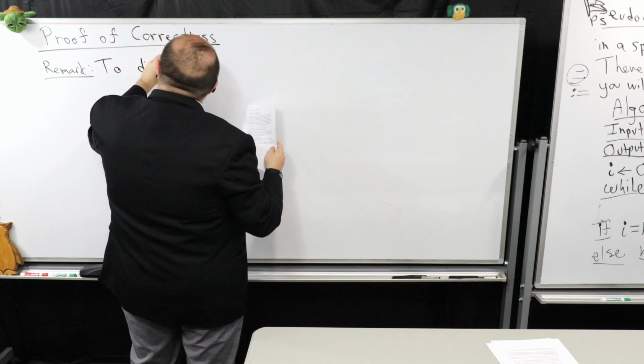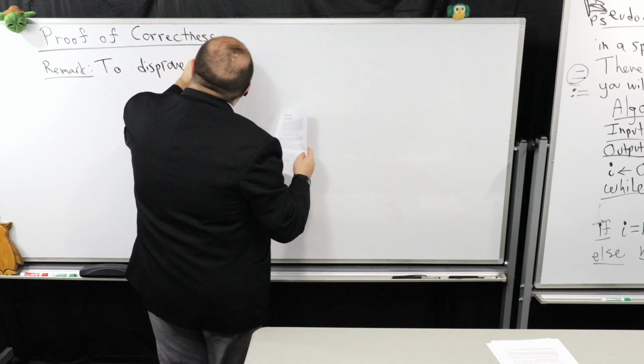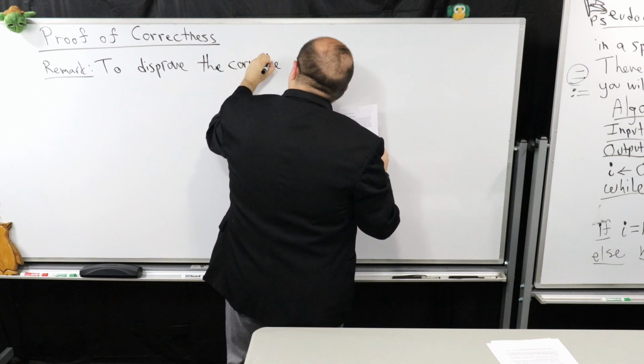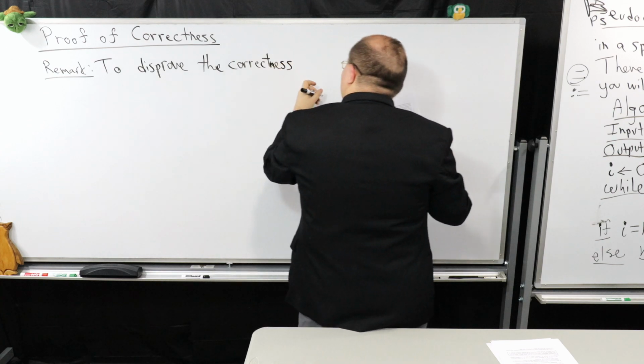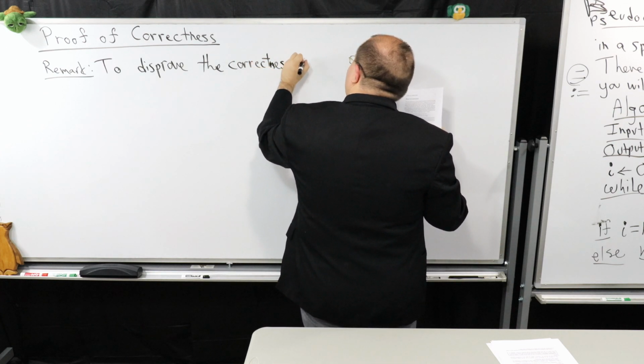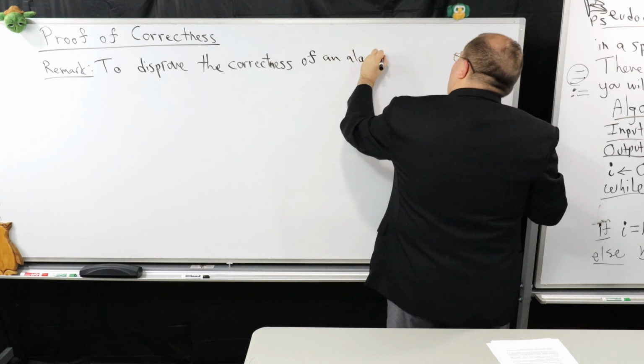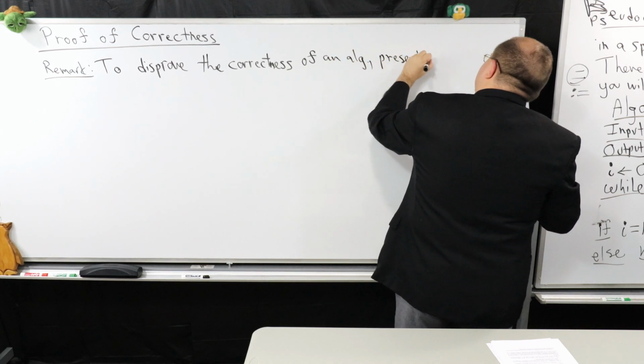So to disprove the correctness of an algorithm, present a counterexample.